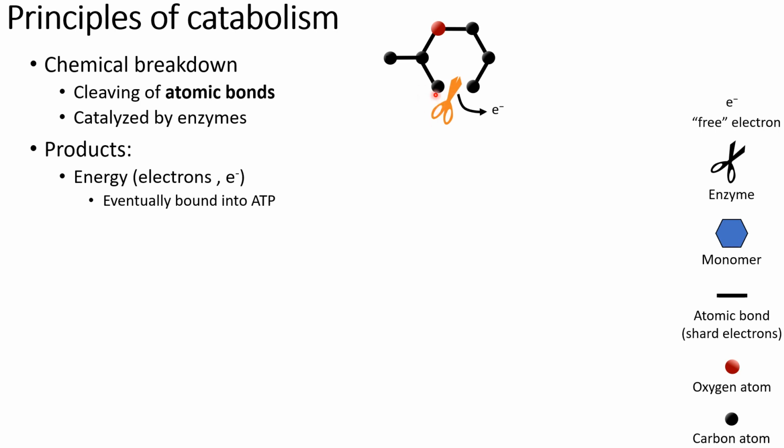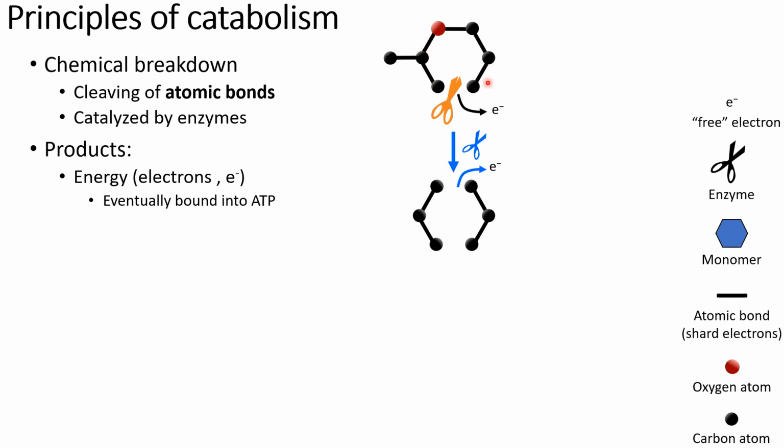I'm showing mainly the carbon molecules. So the enzyme catalyzes the reaction, it breaks this atomic bond, and in that process, it releases electrons. These electrons aren't totally free, they're kind of chaperoned, but it frees that electron from being shared between those two atoms. So in the process of breaking down a sugar like glucose, there's lots of atomic bonds.